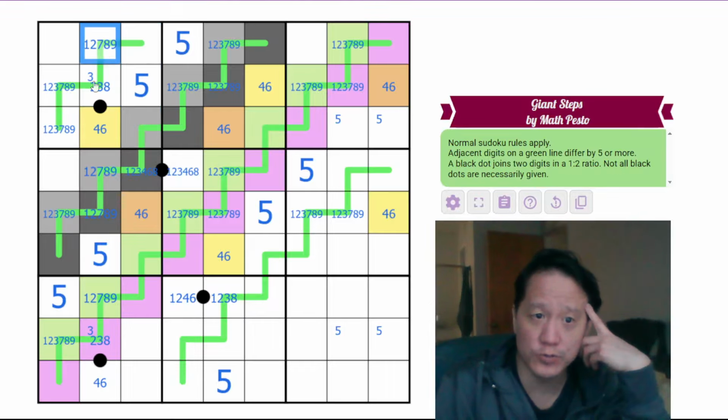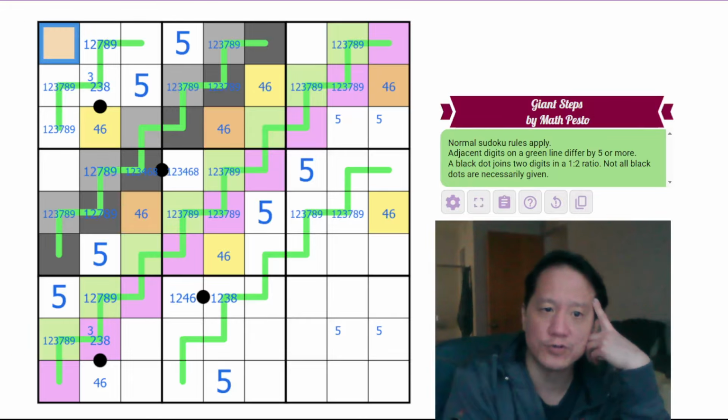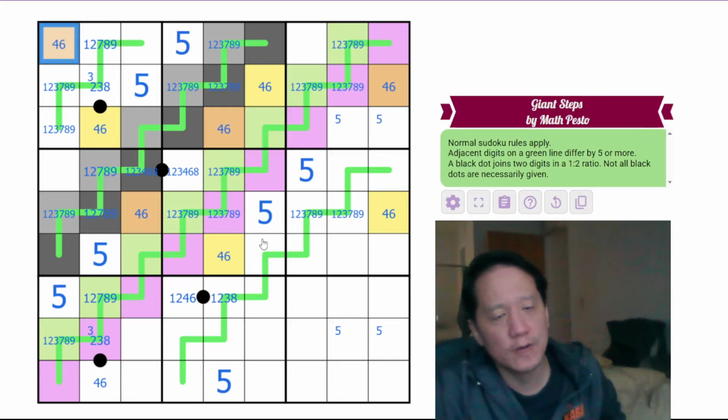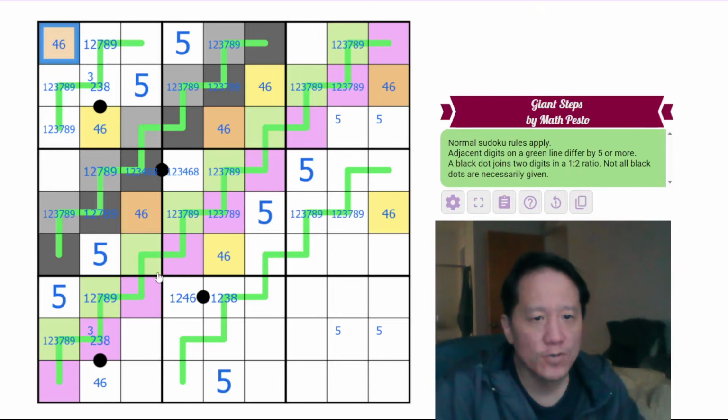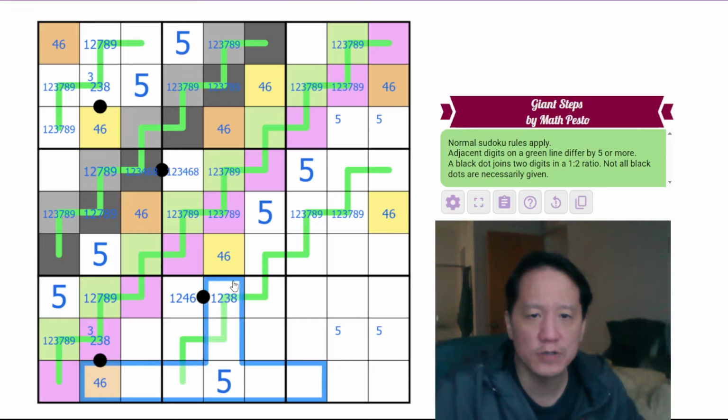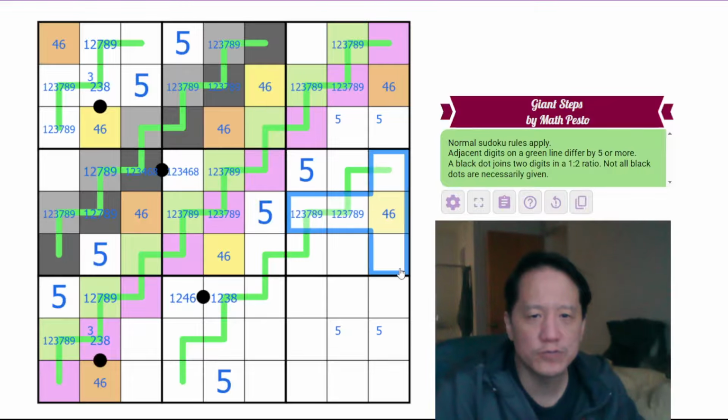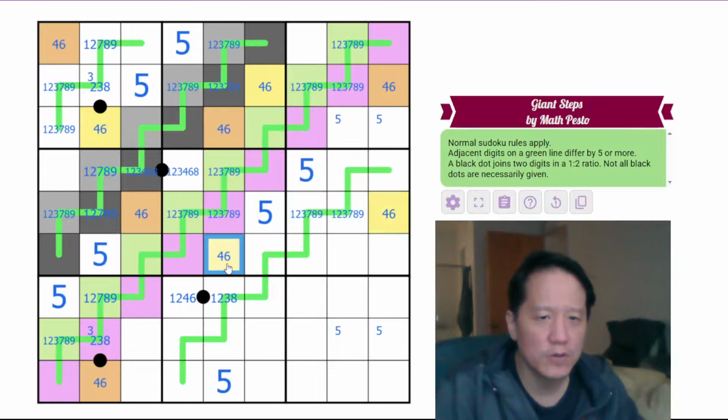This can't be orange 4, 6 because it's next to two unique digits. So this must be orange 4, 6 here. No orange 4, 6 here or here. Yellow 4, 6 can be either of these.